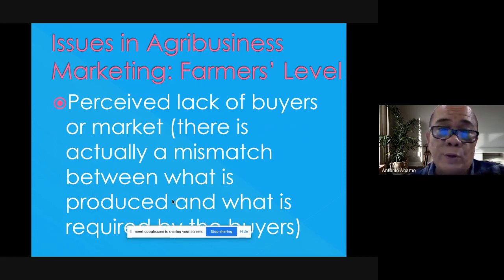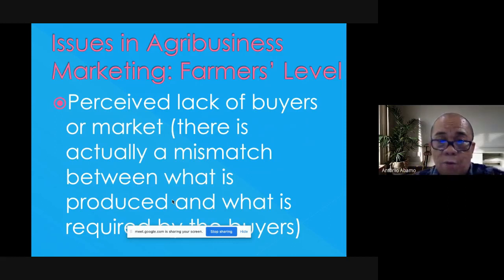Maybe I can ask you, if you have an uncle, a lolo, or your father producing cacao, how do you process the cacao beans from the pod to the drying area? If I am not mistaken, this is how you process.